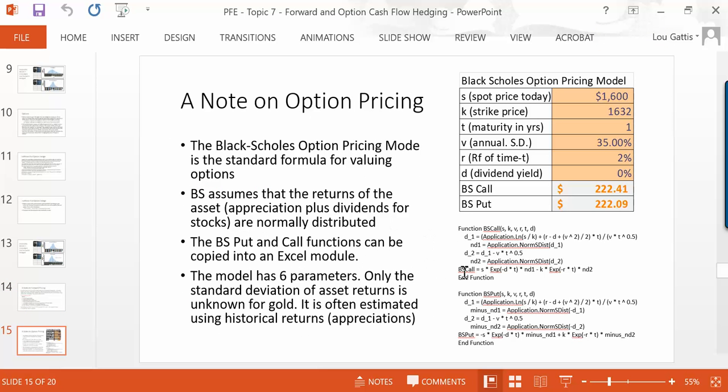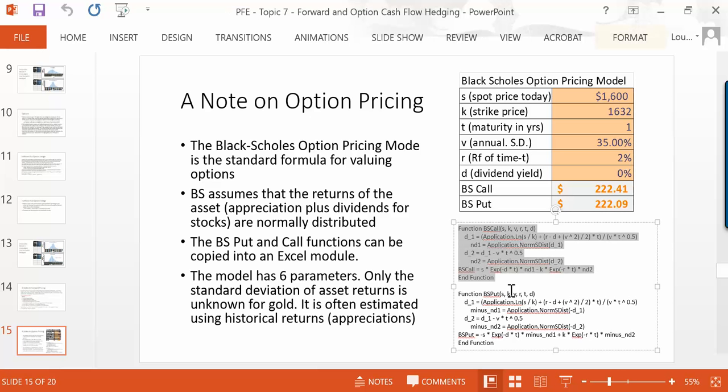And a note on pricing options. Black-Scholes is a model. So if I take my BS call and BS put into my Excel file under a module, and then put in parameters for gold. Say the current spot price of gold, this S variable, is 1600. We're looking at a 1632 strike. It matures in 1 year.